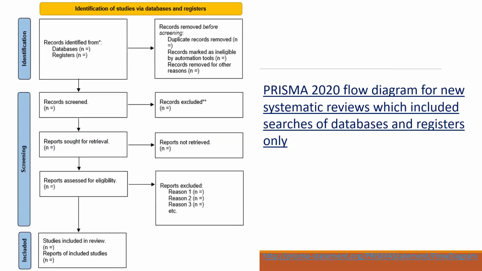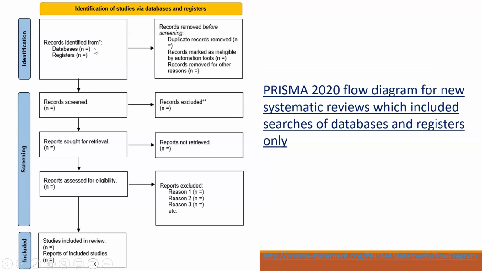This is the flow diagram if you are including only databases and registers in your systematic review. Databases might be PubMed, CINAHL, Embase, Web of Science, based on your institutional access, like how many databases you have access to. So here you can mention records identified from the databases. Altogether you can add the numbers from all the databases and write it here.